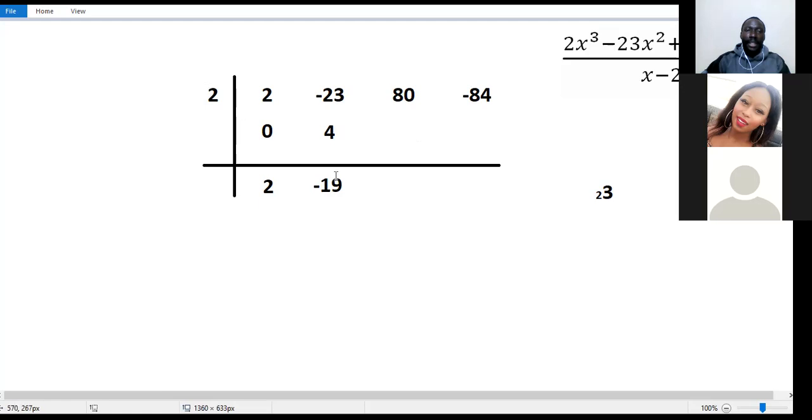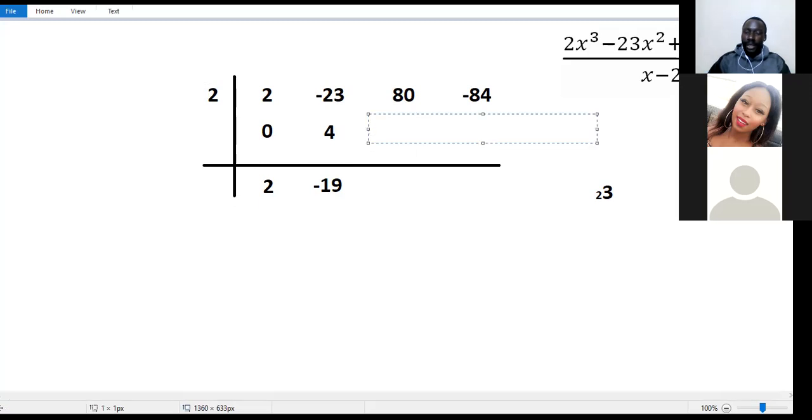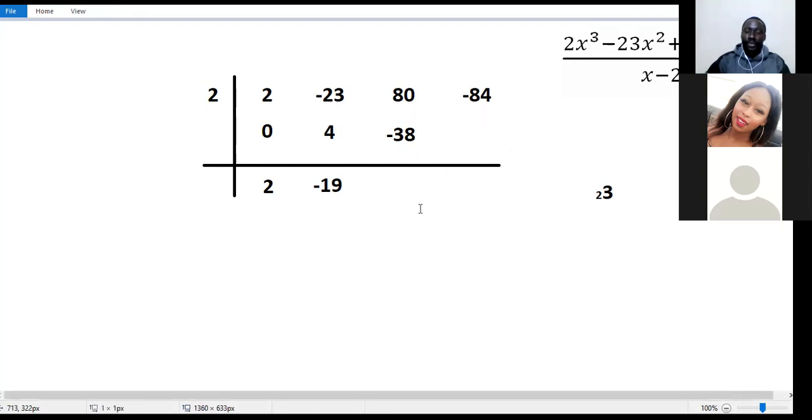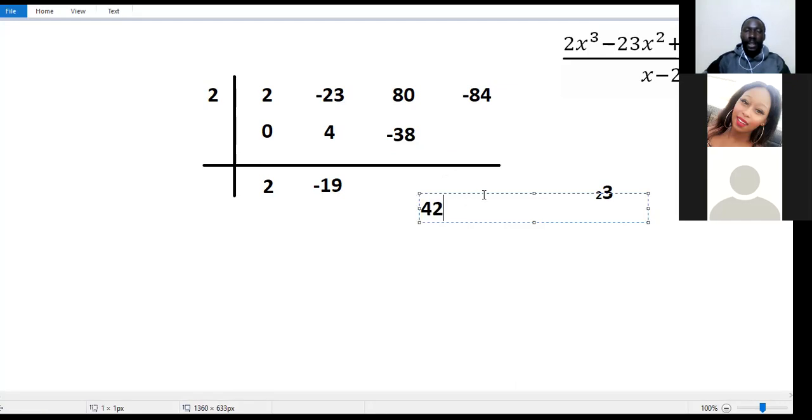What we get is negative 38, which we put right under 80. When we add negative 38 to 80, what we get is 42. So we write it as 42 right here.